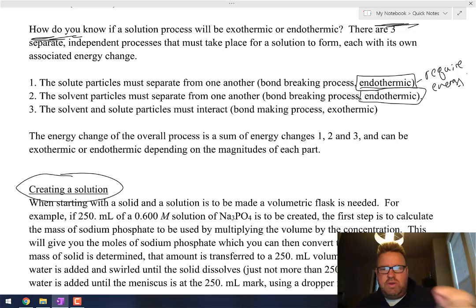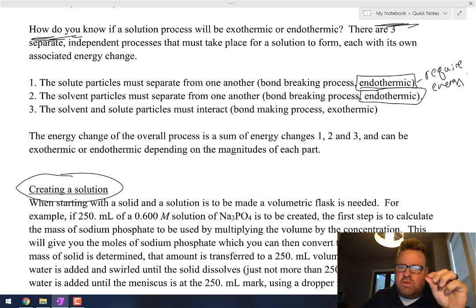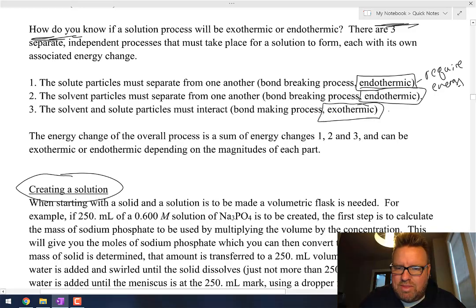Once you've dissolved the sugar, you don't see the sugar in there anymore. That means that the molecules of sugar have broken apart from each other. But then the sugar and the water make attractions to each other. That is the last step, the exothermic process, and that releases energy.